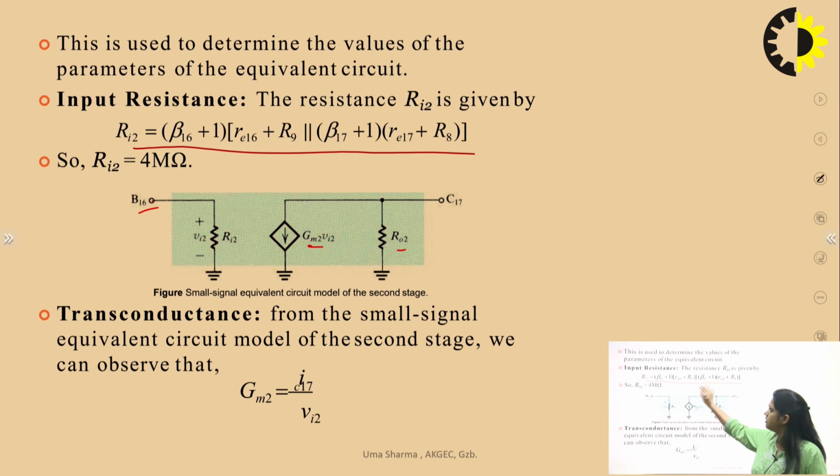So by putting all these values, because we know the values of beta, Re16, R9, beta 17 from the device parameters of 741 IC, the value of beta n is 200 and the value of beta p is 50. So we can use these device parameters in our calculation, and by putting the values of all these parameters, we can calculate Ri2, which equals 4 mega ohms.